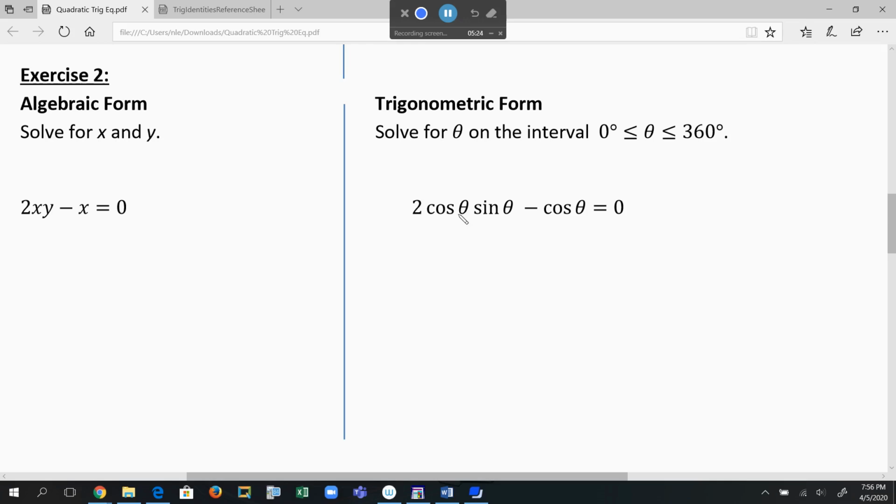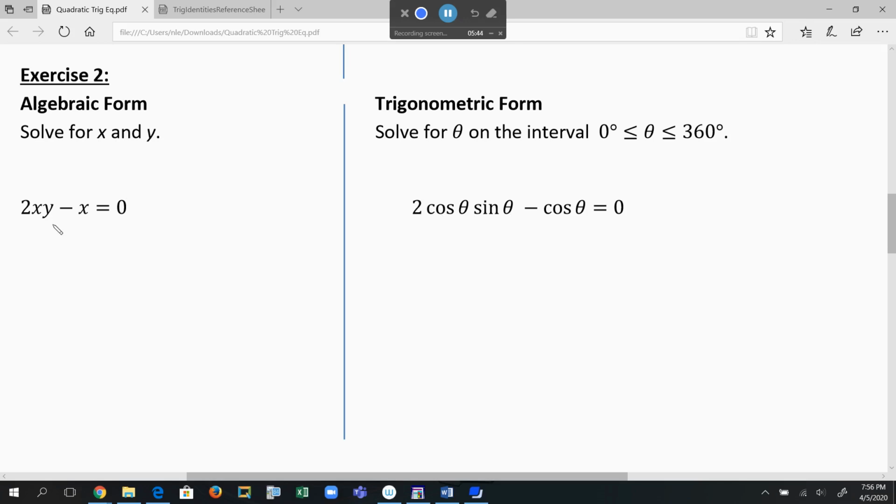Let's look at the left-hand side first. The two equations are almost similar. The x is the cosine theta, and the y is the sine theta. Let's solve our equation here first.